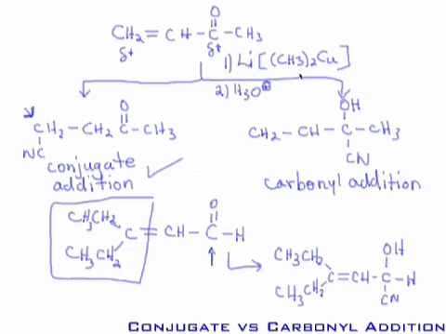Also, the mechanism is complex and not well understood, and most likely involves free radicals. If we use lithium dimethyl cuprate, we also favor conjugate addition reactions. That is, what are we adding? We're adding a methyl. The methyl actually goes on here.